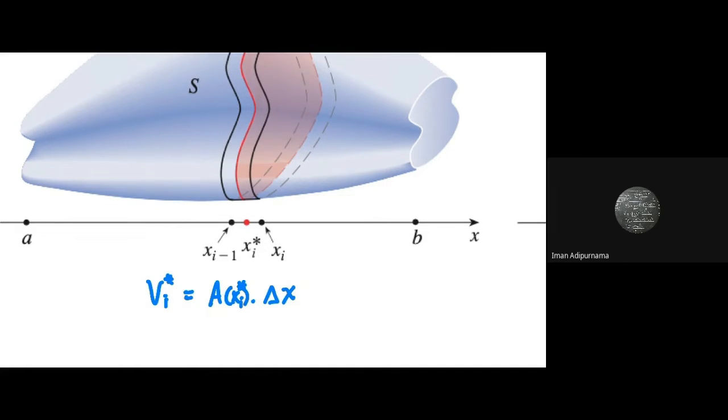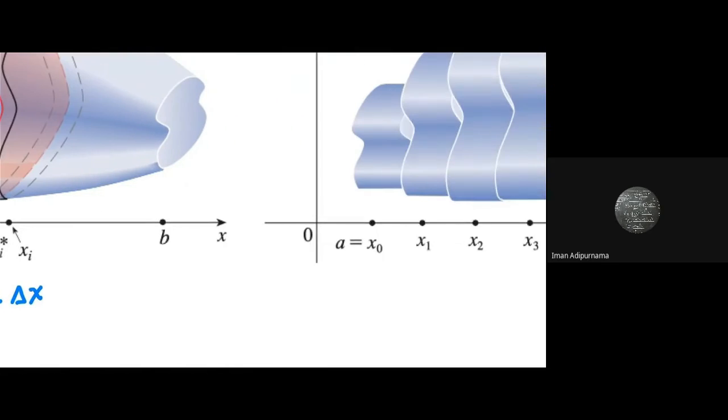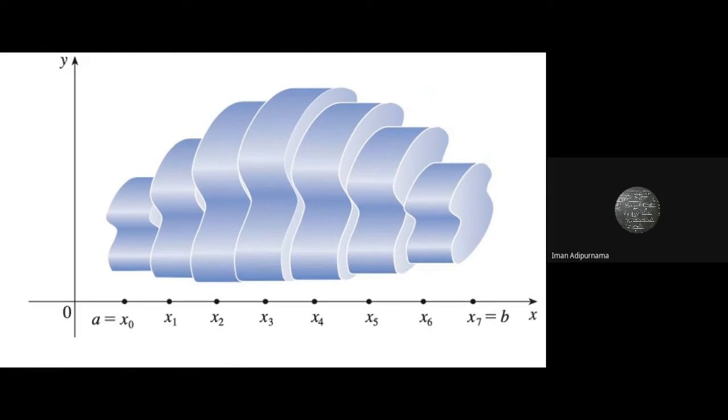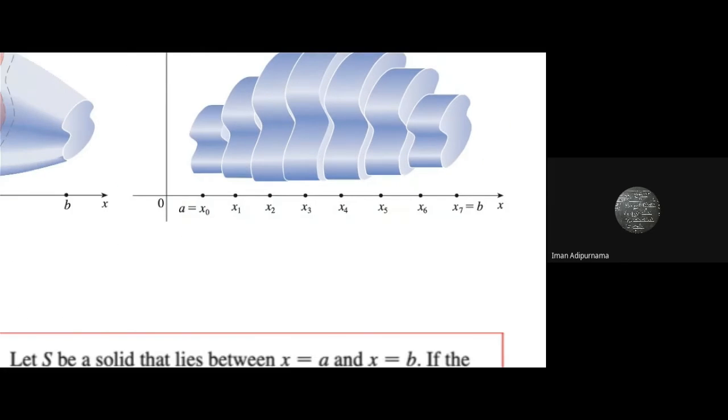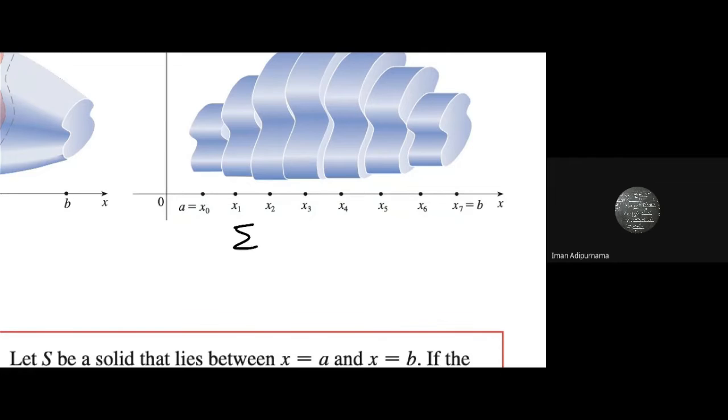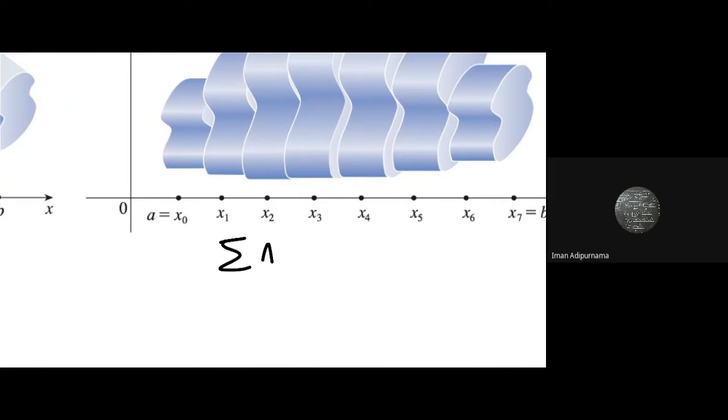Now we have the volume for just one sample. If you have more than one, like this shape here, we have n samples: 1, 2, 3, 4, 5, 6, 7. Now the idea becomes we need the sigma of all the areas at the x_i samples multiplied with delta x.